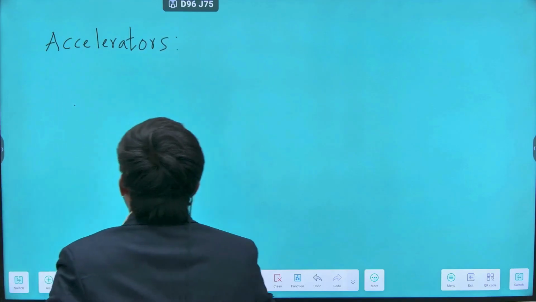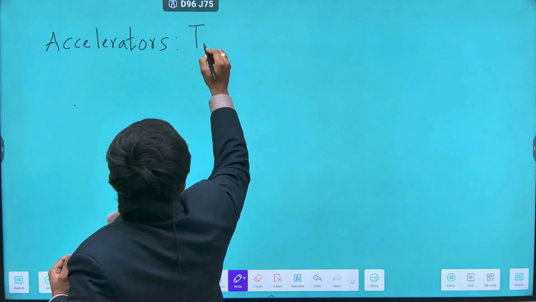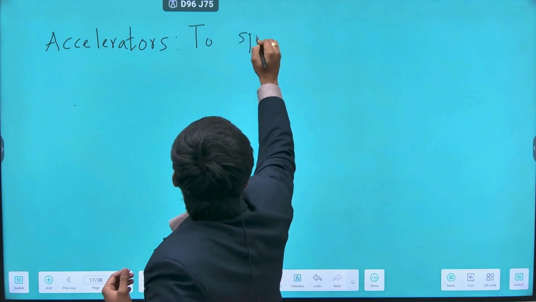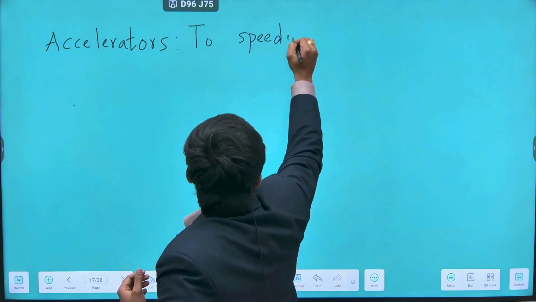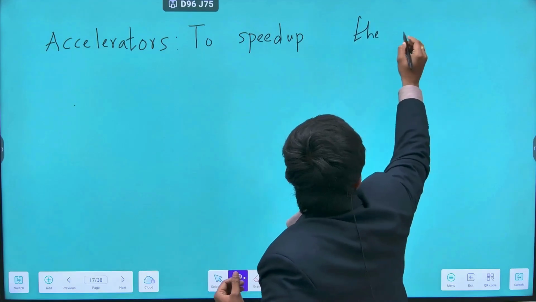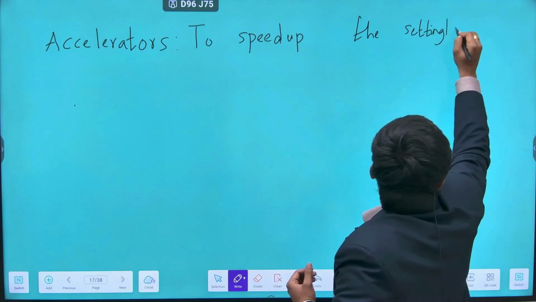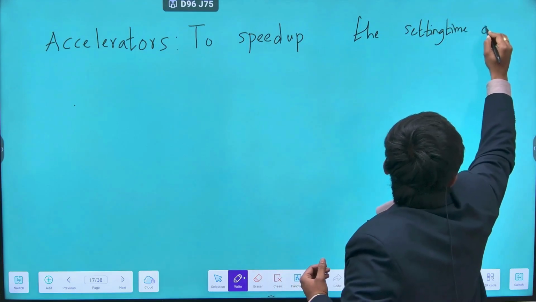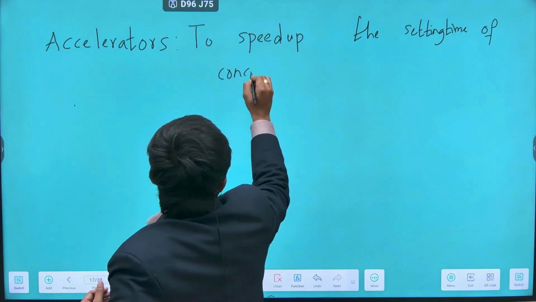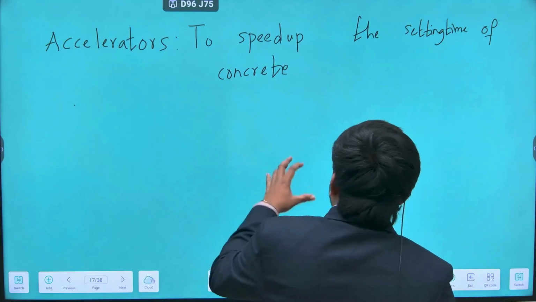Accelerator. I want to speed up the setting time process.